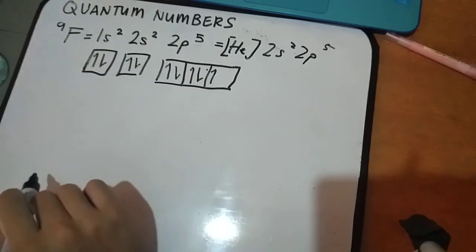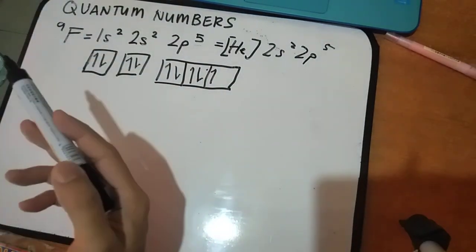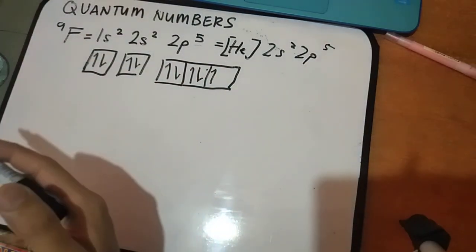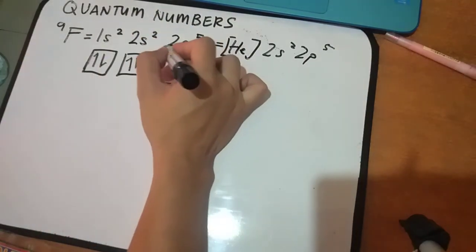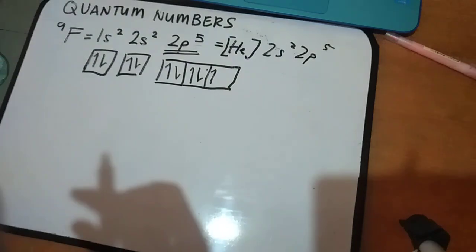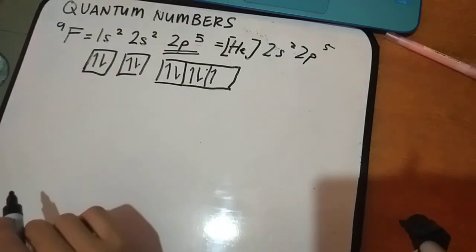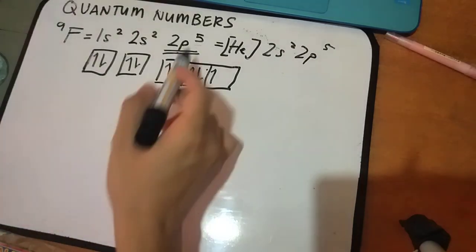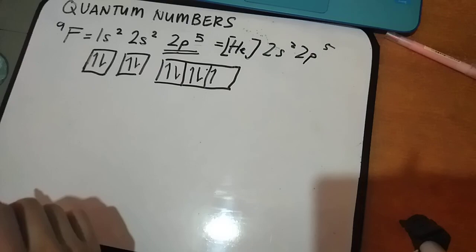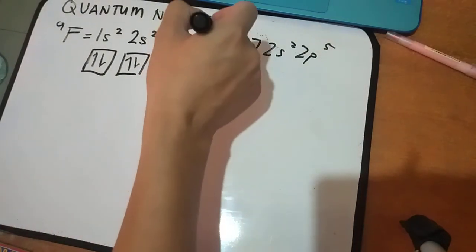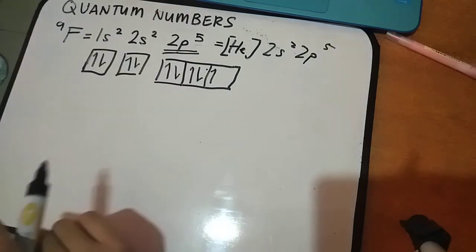Ang lagi mong reference sa quantum number, whatever, it's either on the D block, S block, P block, or F block, ay yung last electron configuration mo. Yung huling-huling sinulat mo na configuration. So, let's do the quantum numbers. Okay? So, ang lagi lang reference, yung huli. Okay? Yun lang ang gagawin natin para mas madali.